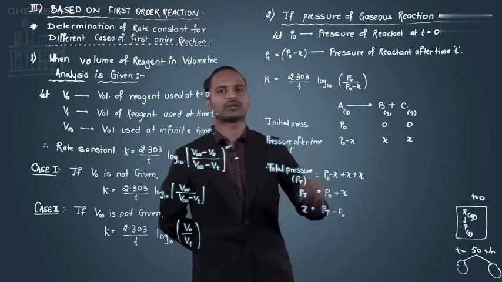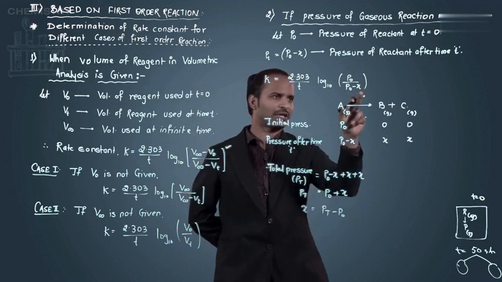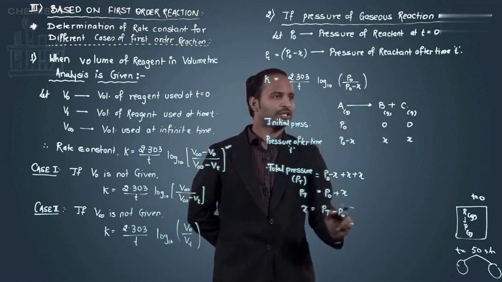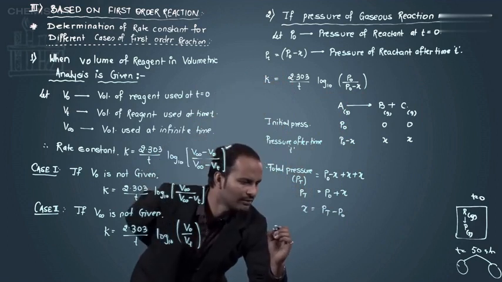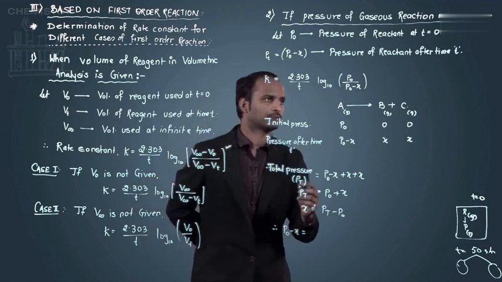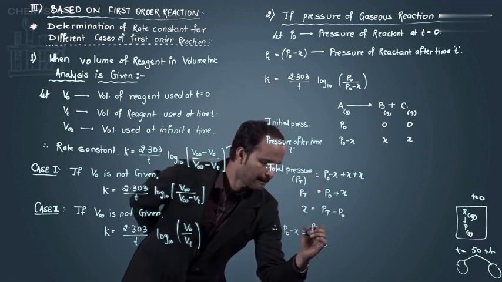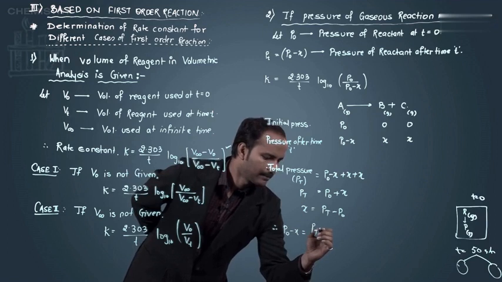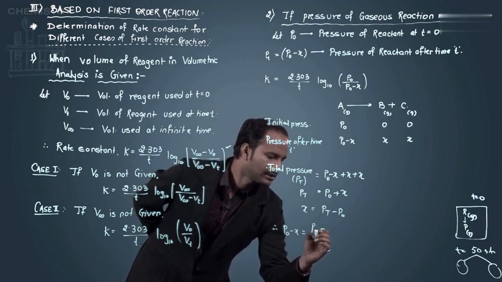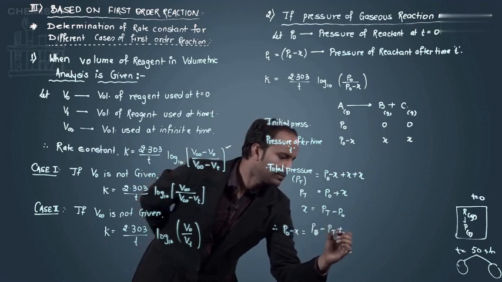So in the formula we are going to write this P naught minus X here. Instead of X I will write PT minus P naught. So here I can say therefore P naught minus X is equal to P naught minus (PT minus P naught). It is PT and this minus will become P naught.